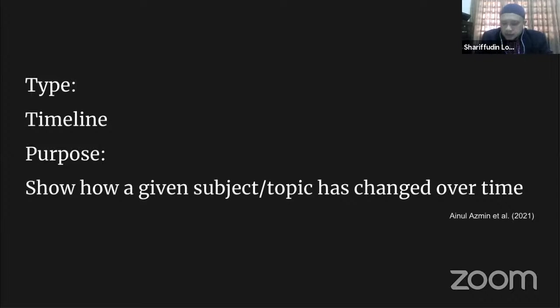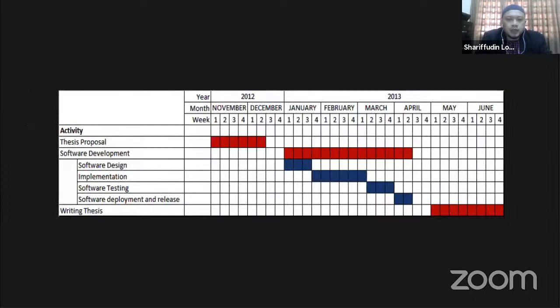Next visual aid is a timeline. The purpose is to show how a given subject or topic has changed over time. Okay. What we have here is a Gantt chart where you can show to the people watching what are the movements of the project, what would be the progress and so on.